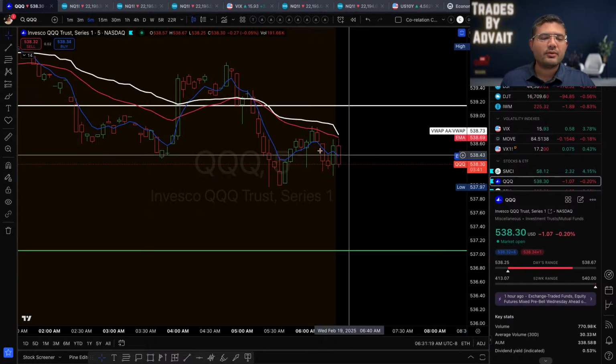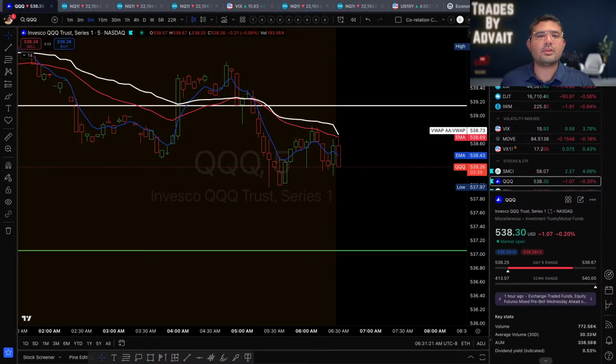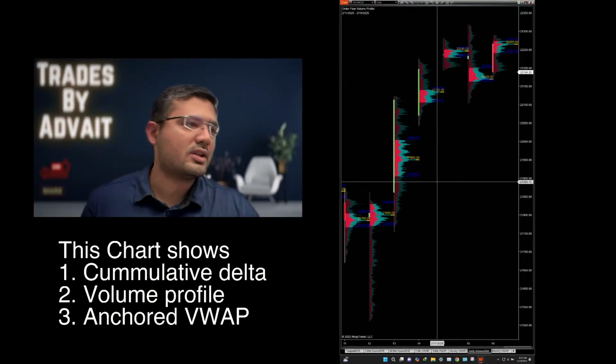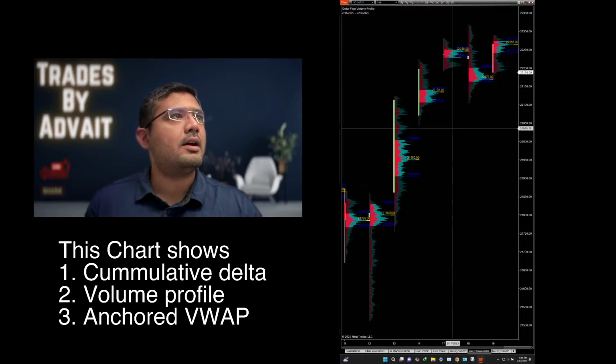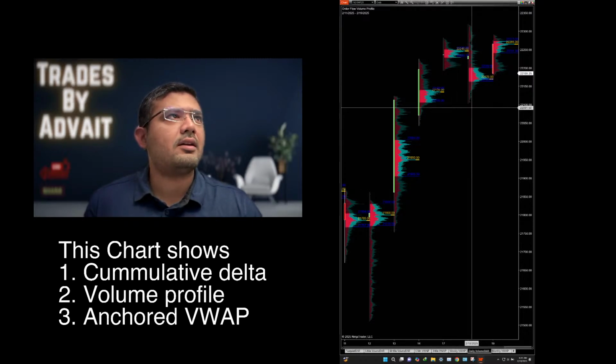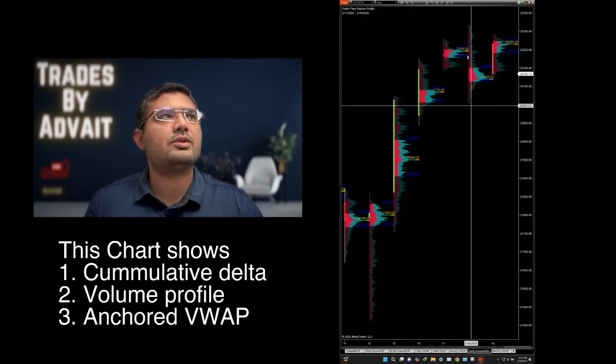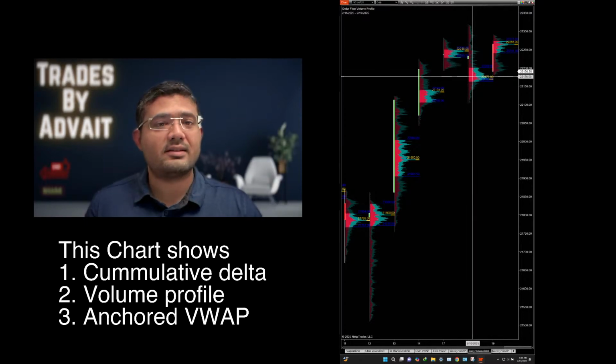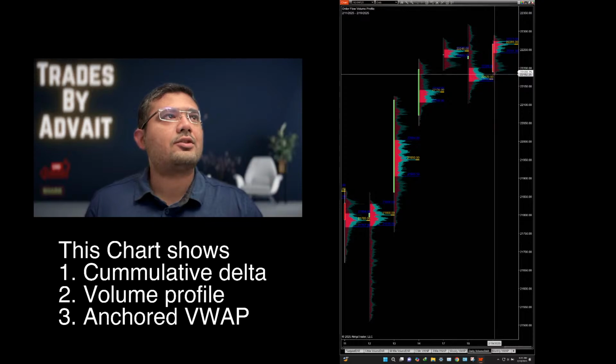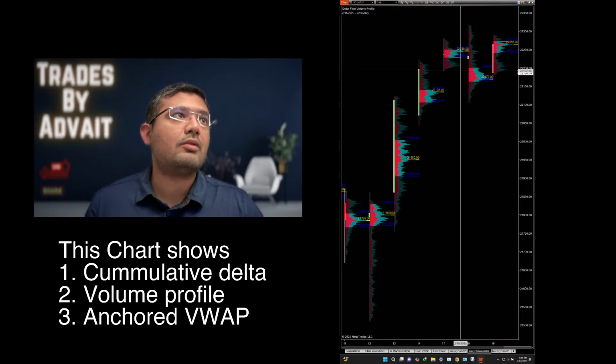But even before going into the analysis, I want to share the background of what is happening here. Yesterday we had a doji candle. Doji means indecision. This was the high volume area of yesterday, and we are actually in the value area zone.